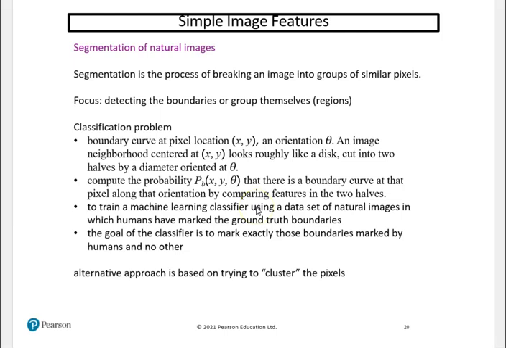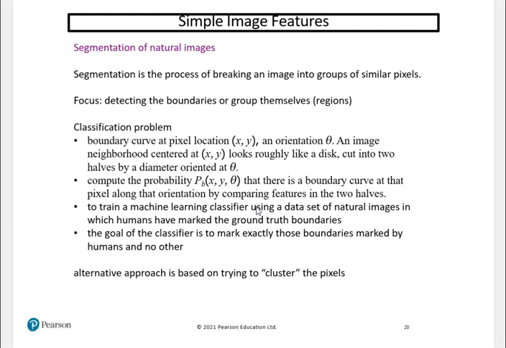Finally, what we want to do is segmentation of natural images, which is essentially the process of splitting the image into groups of similar pixels. What we're trying to do is detect the boundaries, or the groups of pixels that make up a region. So it's a classification problem.